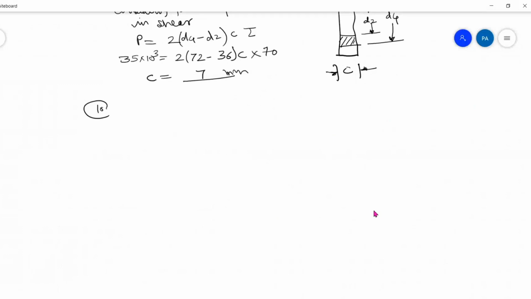Okay, now the last value, that is thickness of spigot collar. And we denoted the thickness of spigot collar by what? T1. T1, correct.